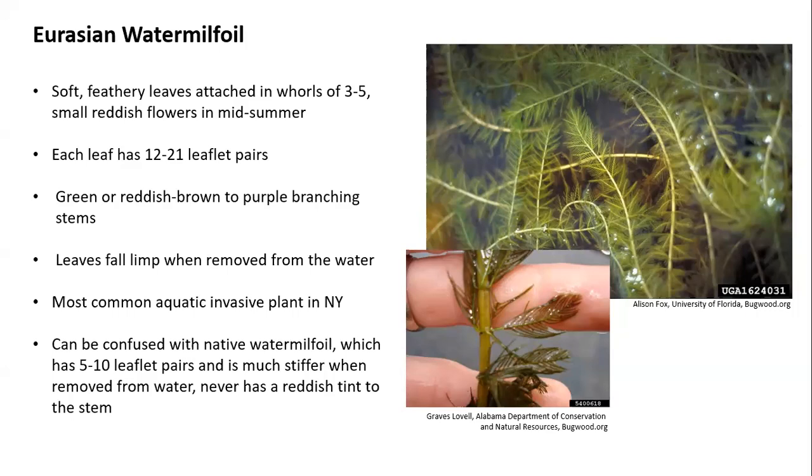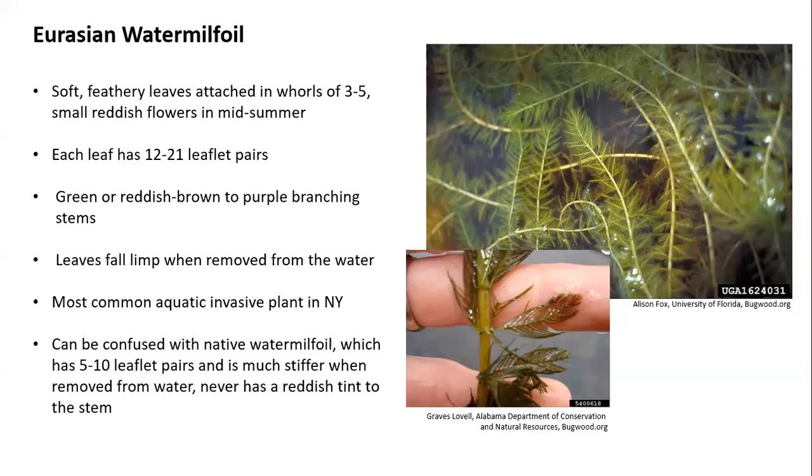And each one of those leaves that's whorled around the stem has 12 to 21 leaflet pairs. And they are green or reddish brown to purple. And when the plant is pulled out of the water, the leaves are going to fall limp down to the side of the stem.